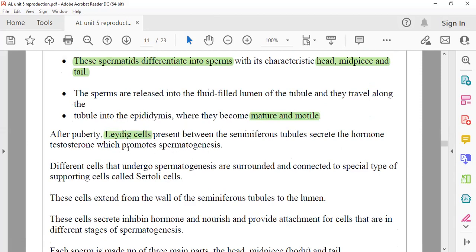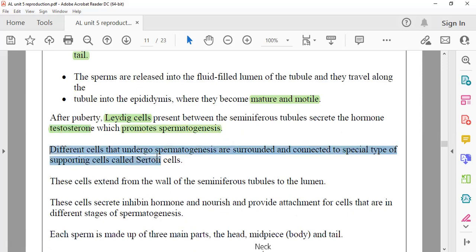They secrete a hormone. What is the hormone? Testosterone. And that hormone has a promotional role in spermatogenesis, correct?